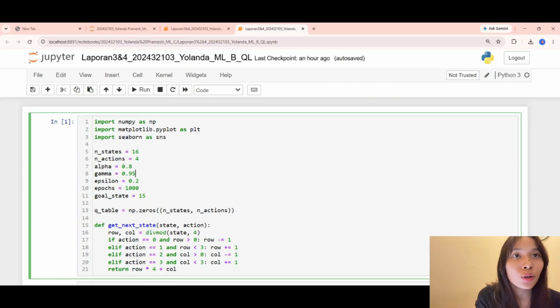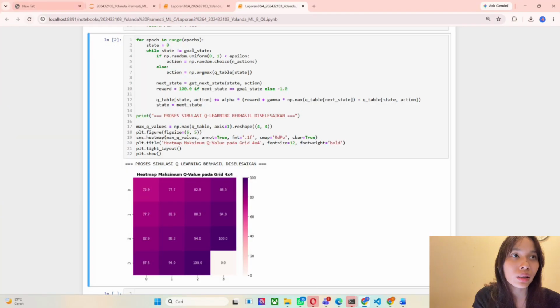In this notebook, I constructed an autonomous agent inside a 4x4 grid world environment, translating to a total of 16 discrete states and 4 legal movements: up, down, left, and right. The final destination, or goal_state, is locked at cell index 15.